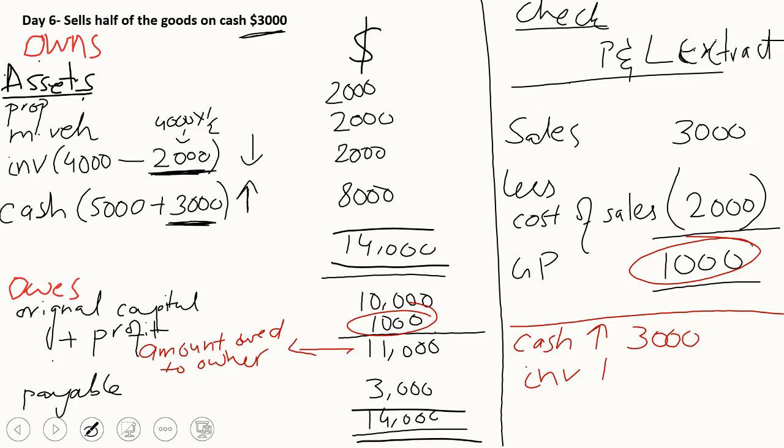Inventory gone down by how much? 2,000. And what was the remaining 1,000? It's profit, recorded as 1,000. So that's the effect of this accounting transaction. Now let's look at the next example.